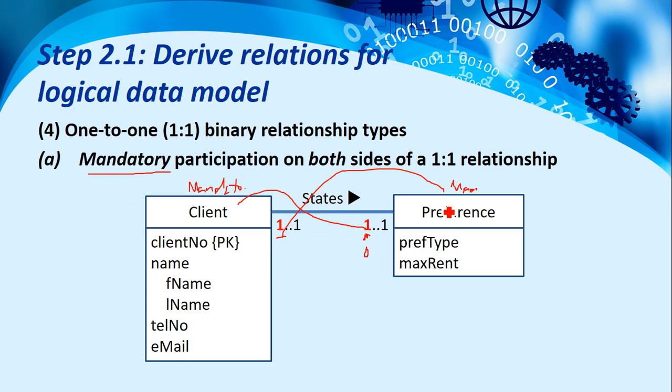And same also with the preference, if it's 0, then the participation of preference is also optional.